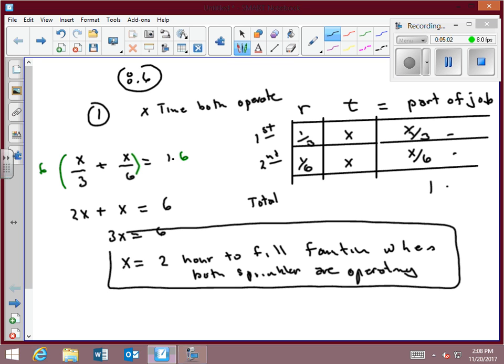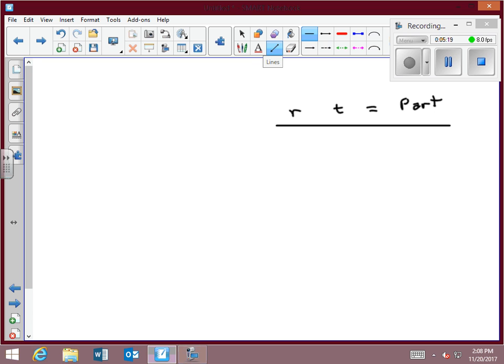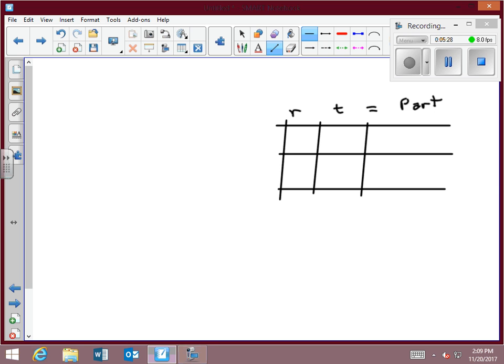Now all of these 18 are going to have that same formula. It's going to be rate times time equals part of the job. So you can organize your data into that table if you want to do it in the manner in which I'm suggesting.